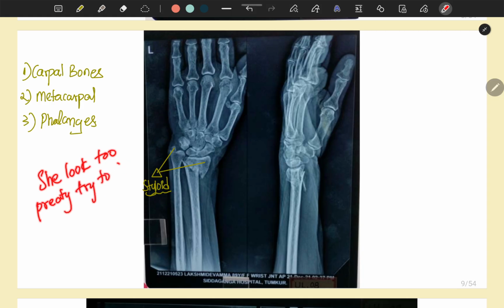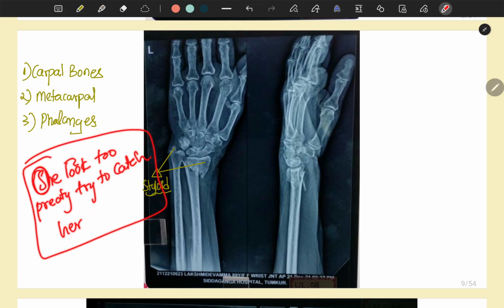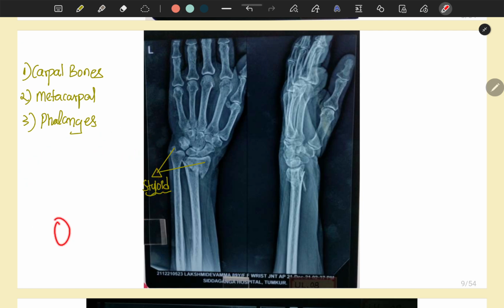Try to catch her. In this, S for scaphoid, L for lunate, T for triquetrum, P for pisiform, trapezium, trapezoid, capitate, and hamate. Okay. Here you can see, she looks too pretty.